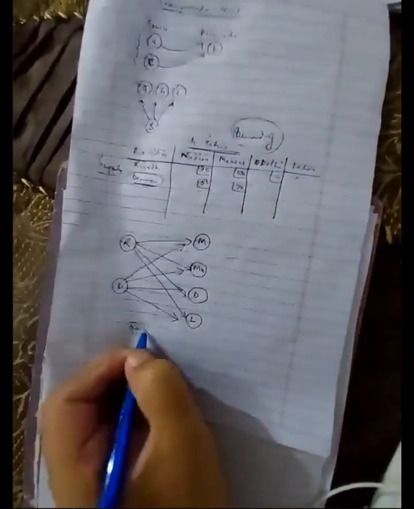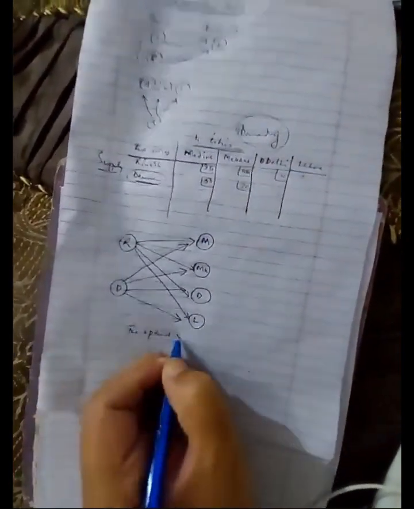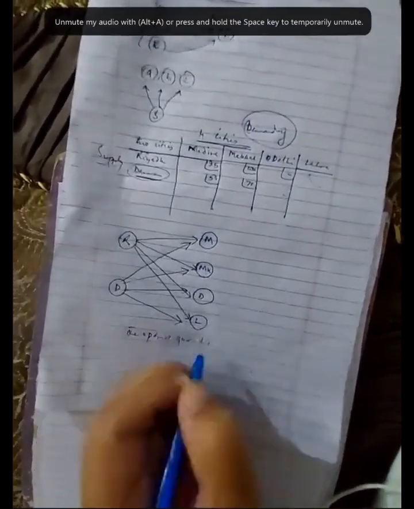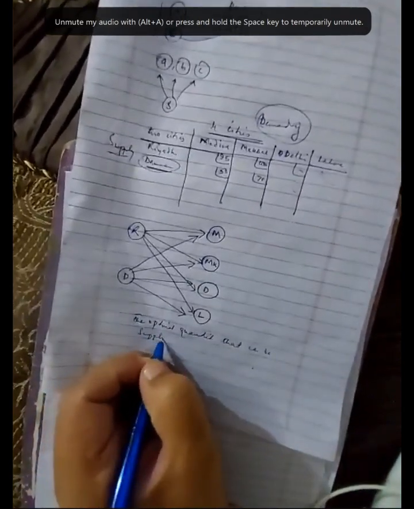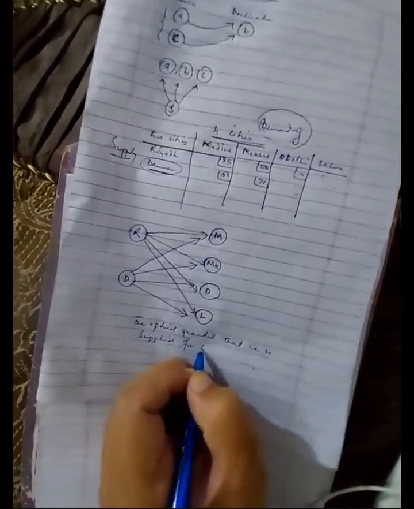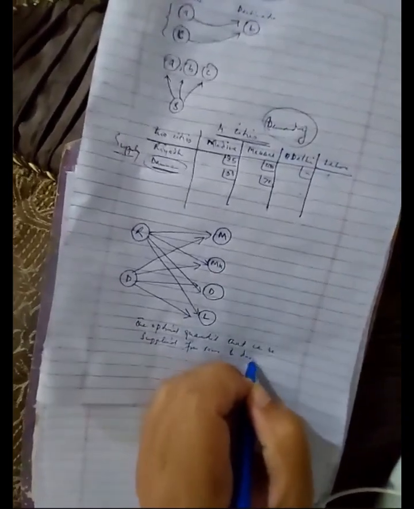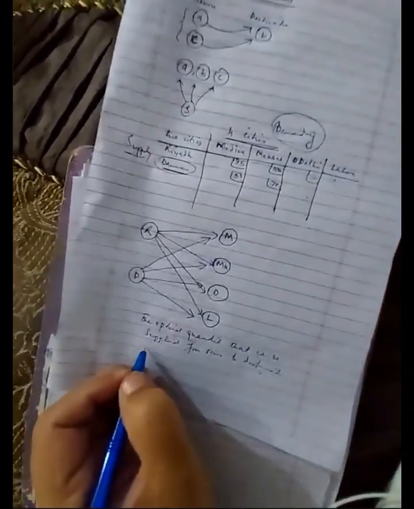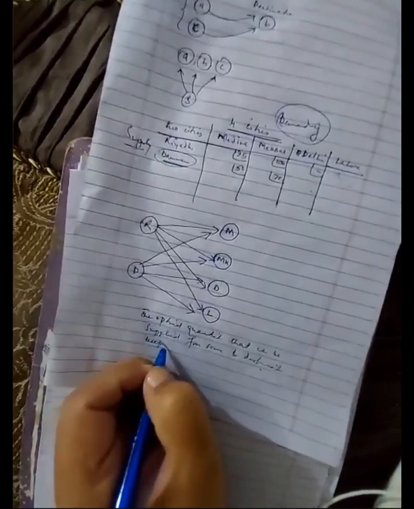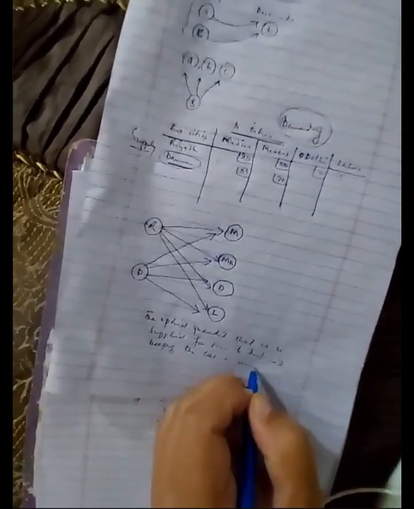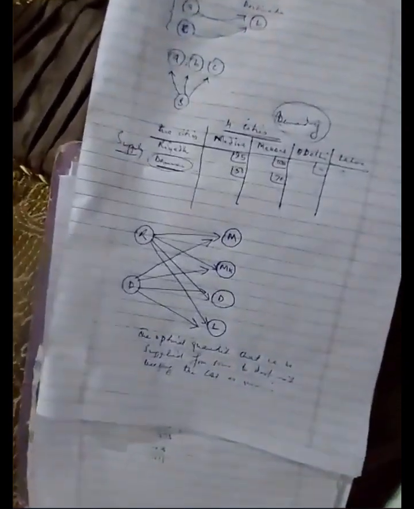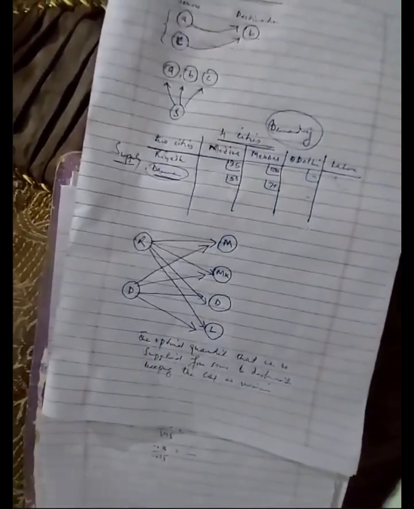Now, what we want to find in the transportation model is the optimal quantities that can be supplied from source to destination, keeping the cost at a minimum. So this is the objective of the transportation model.